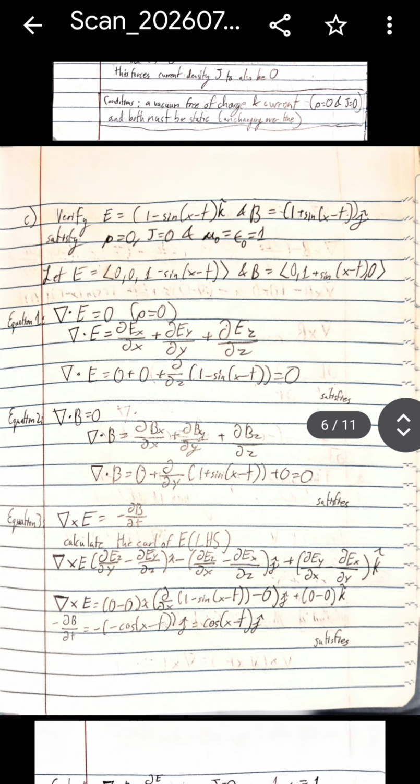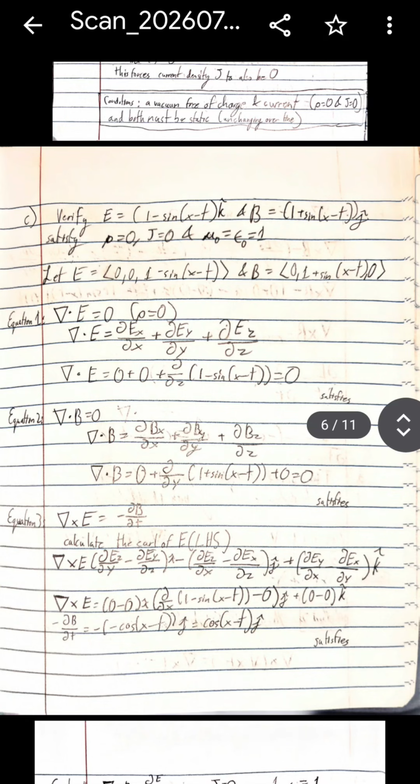The current density is equal to 0, and mu naught, the permeability of free space, which is how much a vacuum responds to a magnetic field, equals 1. Or sorry, epsilon also equals 1, which is the permittivity of free space and how easily an electric field permeates a vacuum.